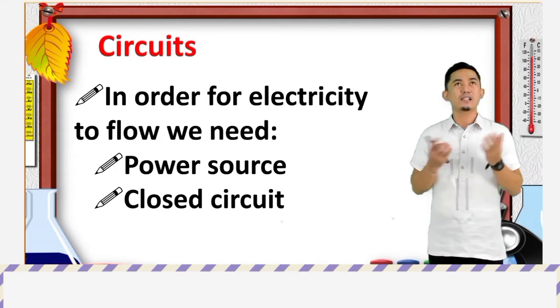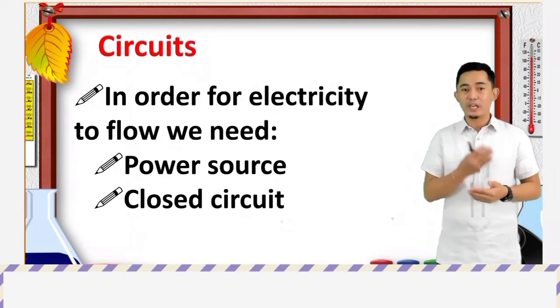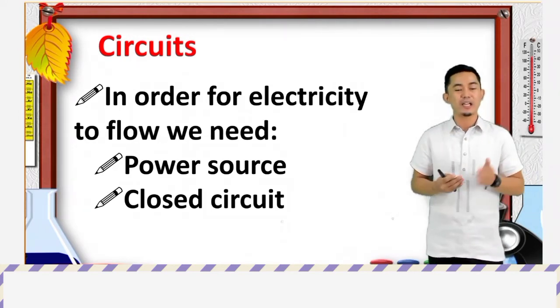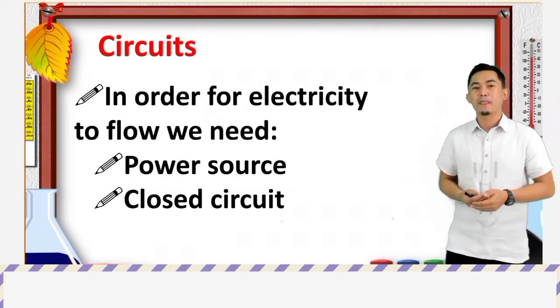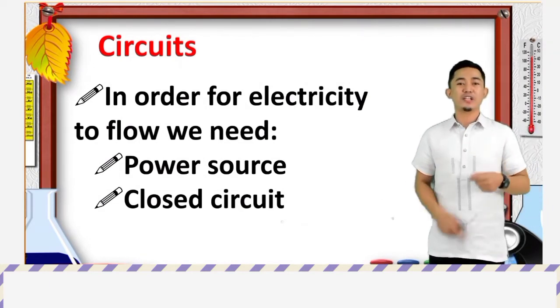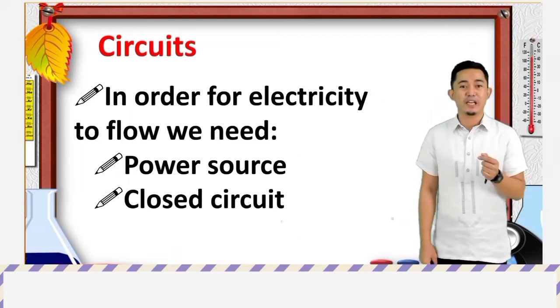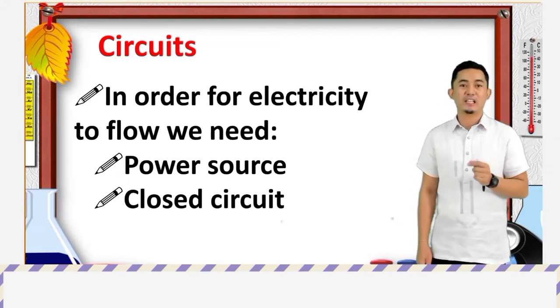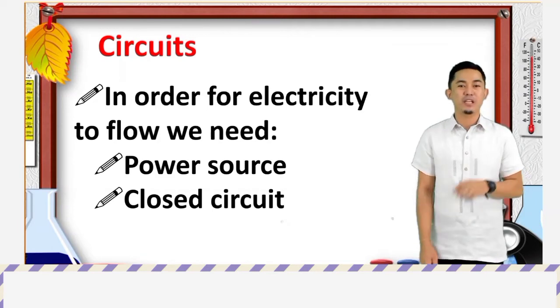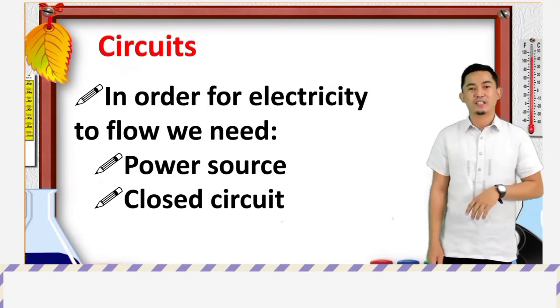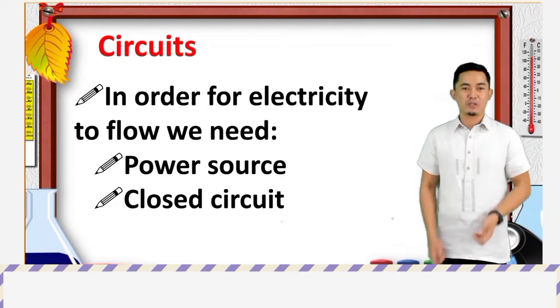Some of us are ambiguous with regards to closed circuit. Actually, class, when the switch is on, it is a closed circuit. When the switch is off, that is an open circuit. So do not confuse these two things, open and close.